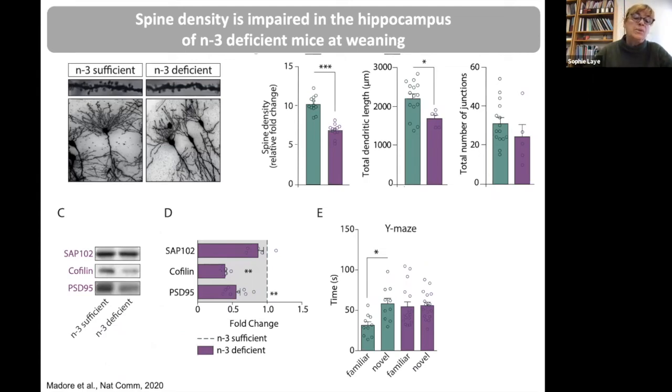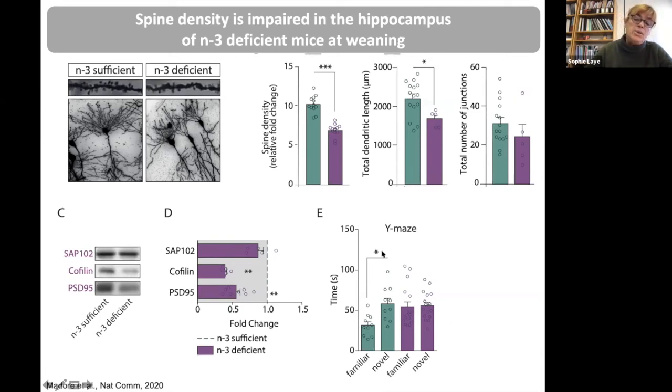We found a decrease in the number of spines of neurons in the hippocampus of mice submitted to the deficient diet, but also a change in the dendritic arborization, as seen here. There is also an impairment in the production of some synaptic proteins, again produced in the hippocampus.